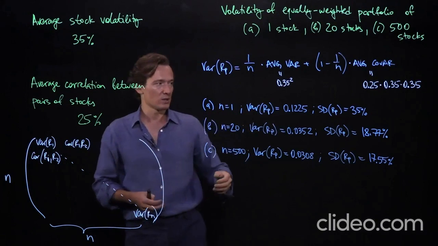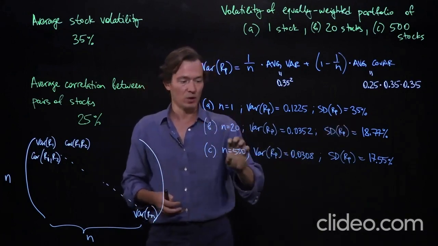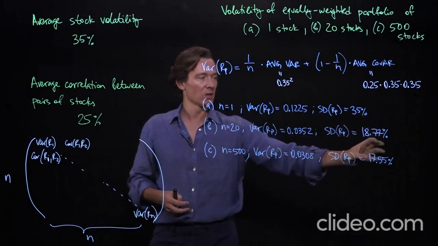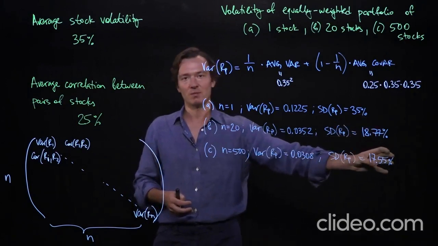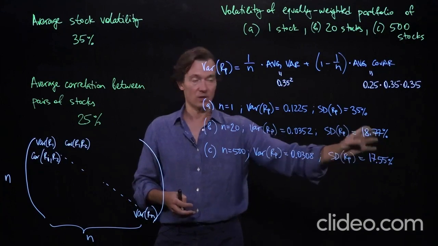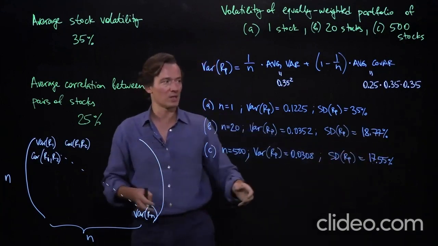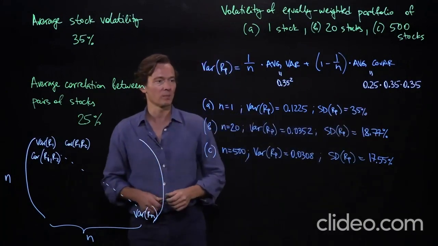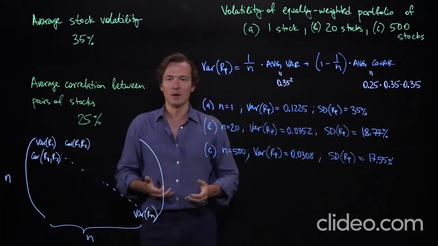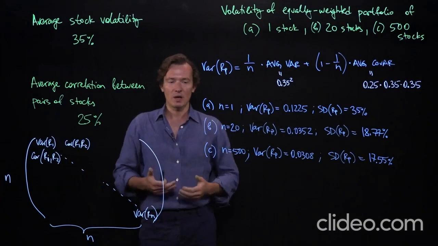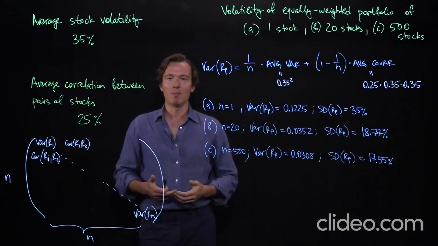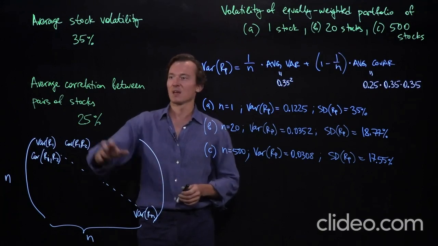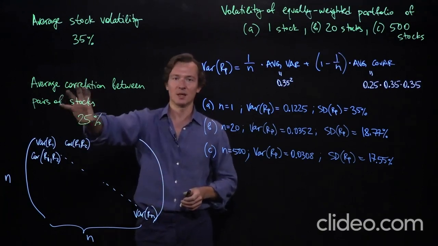You can look at this: when we go from 20 to 500, the reduction in volatility is just from 18.77 to 17.55%. So there is a reduction here, but not as large as it is here originally. And so the main lesson here is that we get a lot of diversification benefits by combining just a few stocks in our portfolio, given that the average correlation between the returns is not that large.